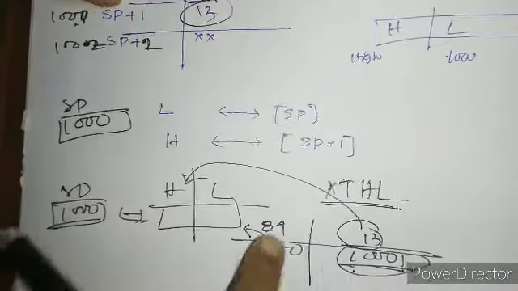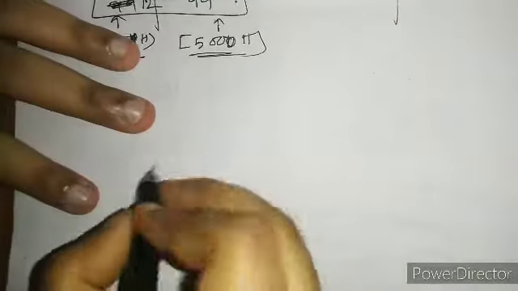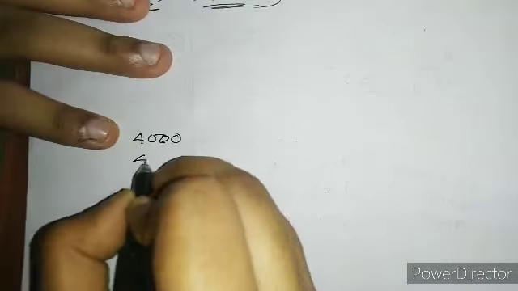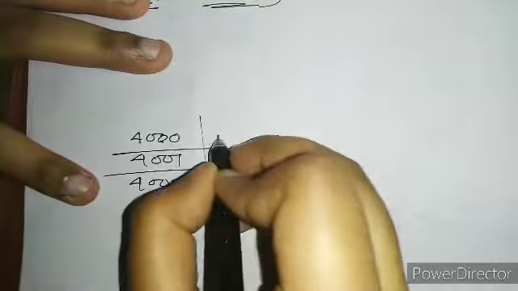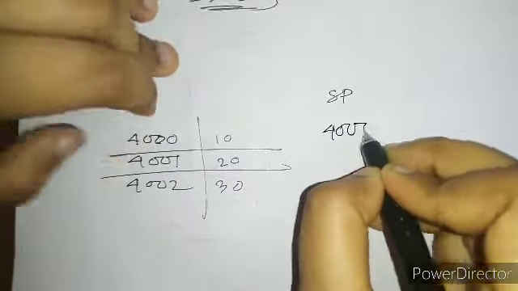I think I didn't make it complicated. Again, I will show you. Suppose 4000, 4001, 4002, unnecessary. 10, 20, 30. SP. What does SP have? 4000. What is 4000? Top of the stack.